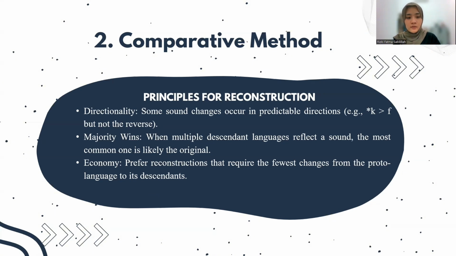The next is majority means. Majority means is when multiple distinct languages reflect the sounds, the most common one is likely the original. The last one is economy. Prefer the reconstruction that requires the fewest changes from the proto-language to its descendants.